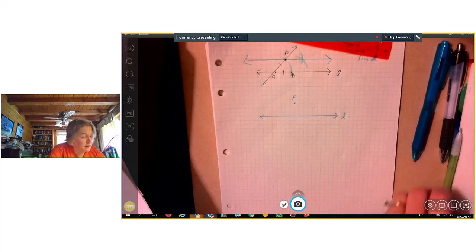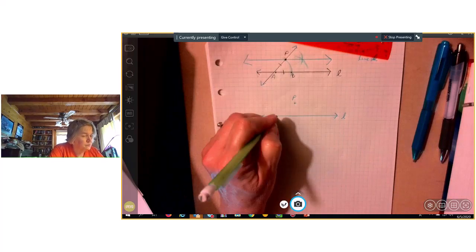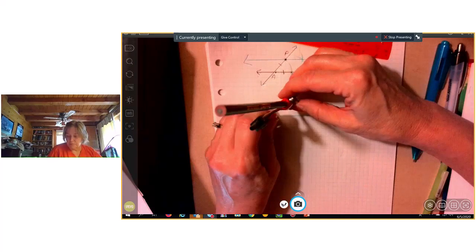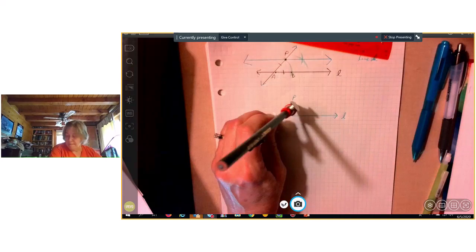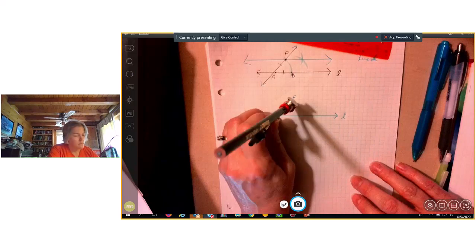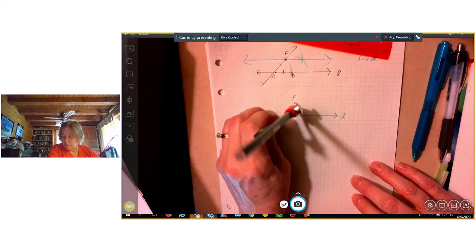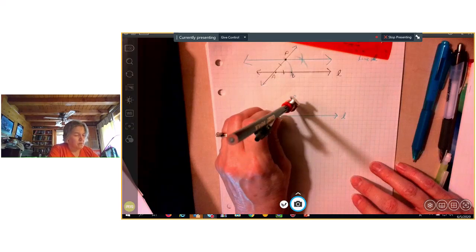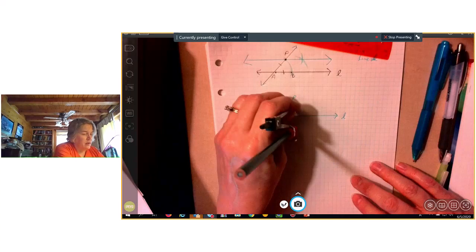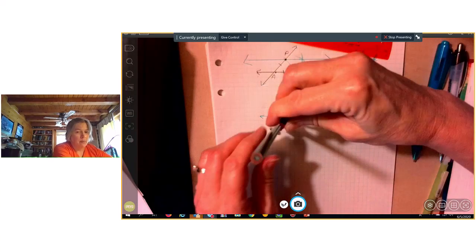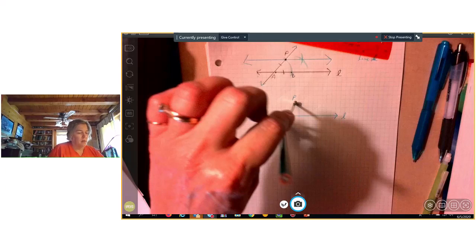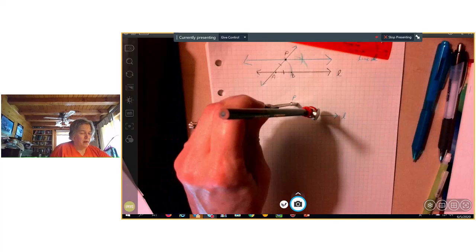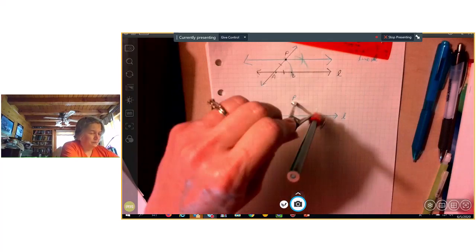I'm just going to pick a point on this line, and I'm measuring this. Now, what I'm going to do is swing to point P. I went to point P here, and I'm swinging an arc.